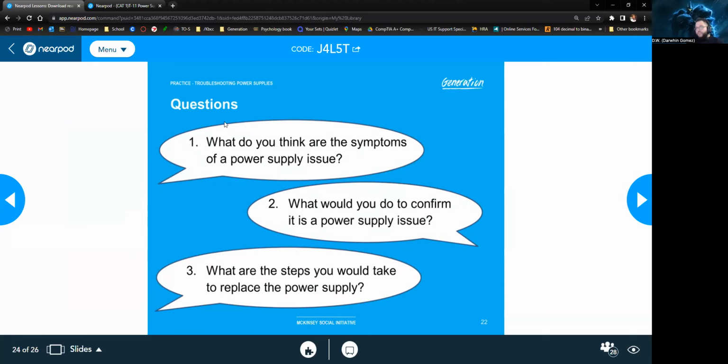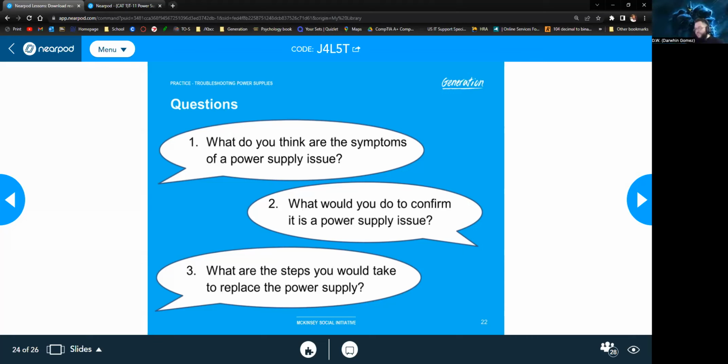All right. So, what do you think are the symptoms of a power supply issue? Go ahead, Rena. If the computer won't turn on, or if the computer has like a beeping sound. Yeah, those are two of the symptoms. Anyone else? Can a symptom be if you smell something burning, like a burning smell? Yeah, for sure. What was that?